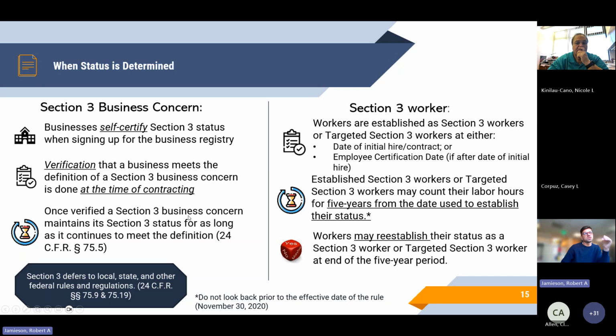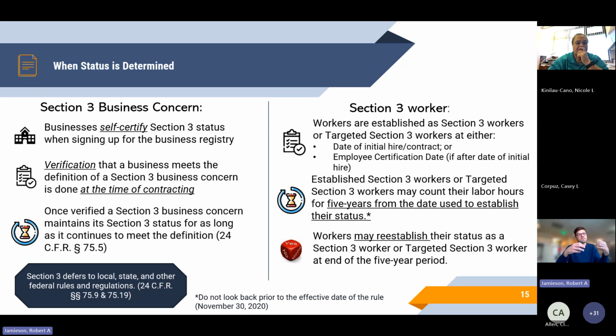So verification of the business, just because they maybe self-certified back in, we're in November now, let's say they self-certified back in March and had that on there, they'll need to re-verify that status, right? So let's say they're verifying based on 75% of labor hours done over the prior 3-month period.